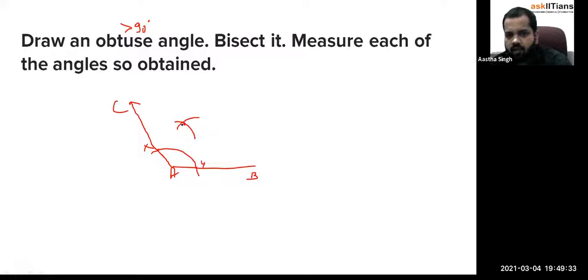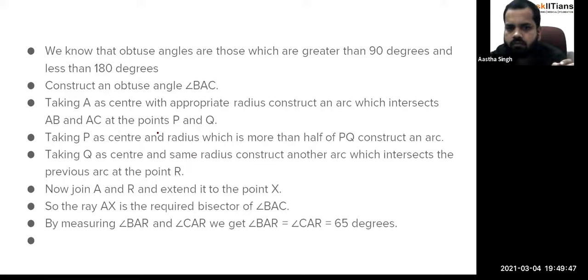You will get a point. Just join A and that point. Let that point be M. You will get that these two angles are equal. So this is what it really means. This is what your steps are. Construct an obtuse angle. What is an obtuse angle?